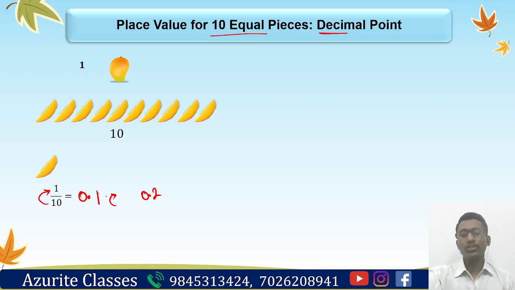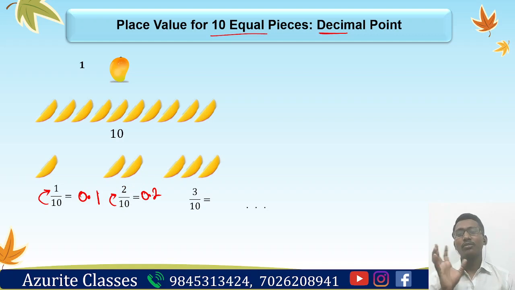Now if you take two pieces, it will be 0.2. Okay, this is how you write it, right? If it is three pieces, 3 by 10, we know that. So how do we write it in the decimal place?